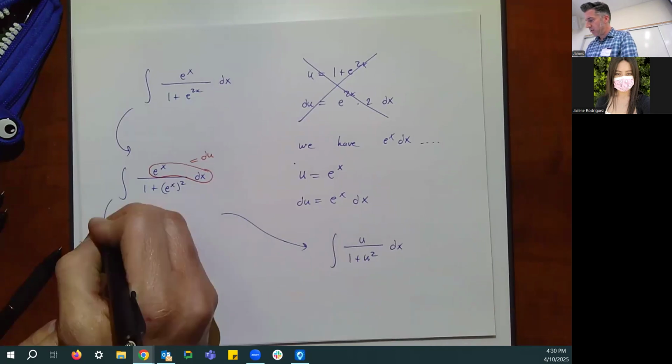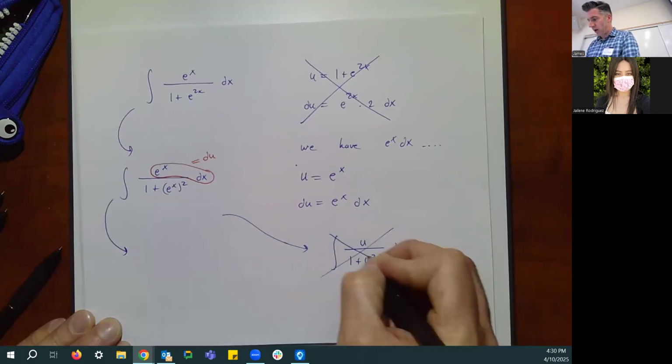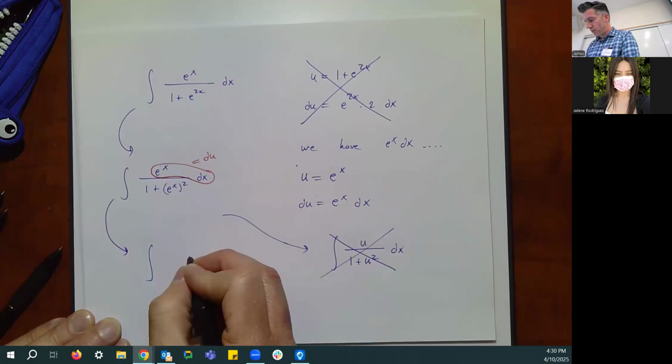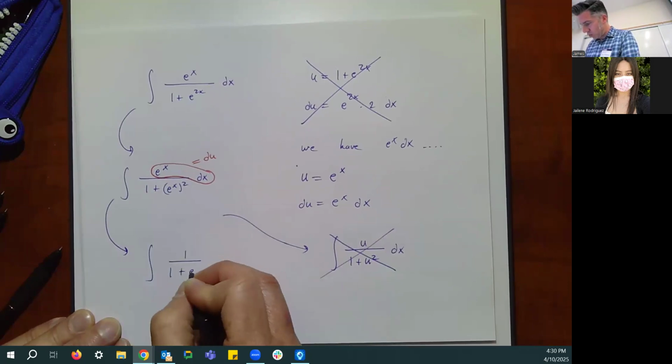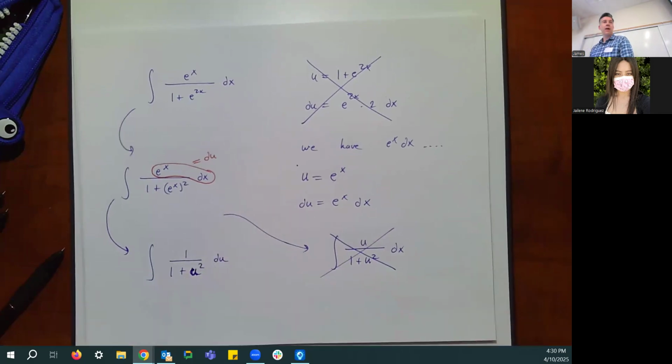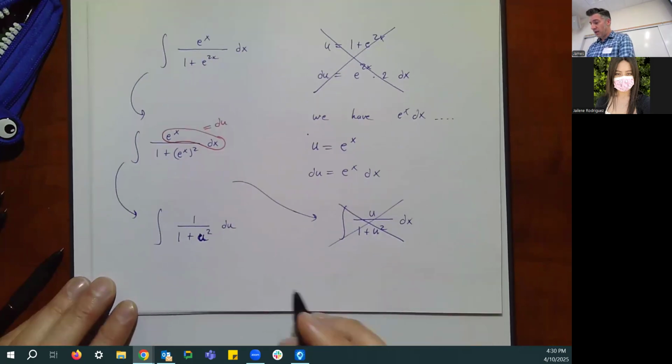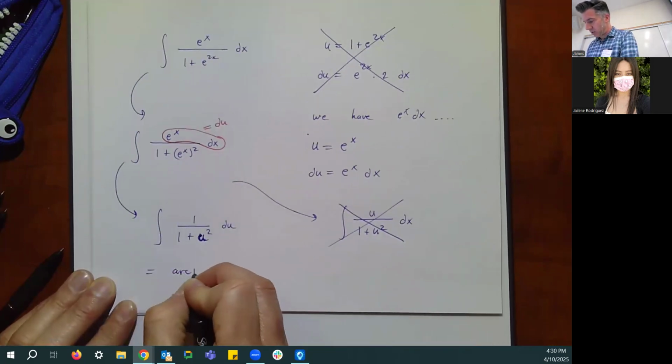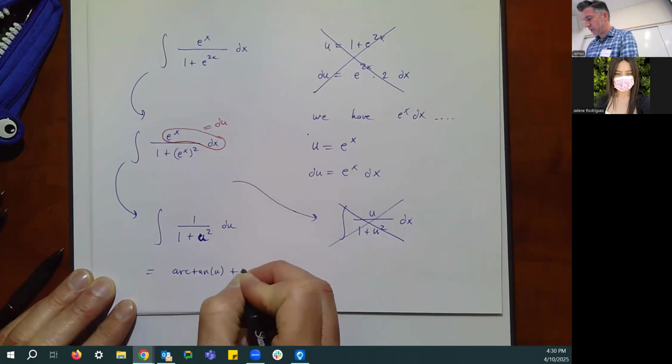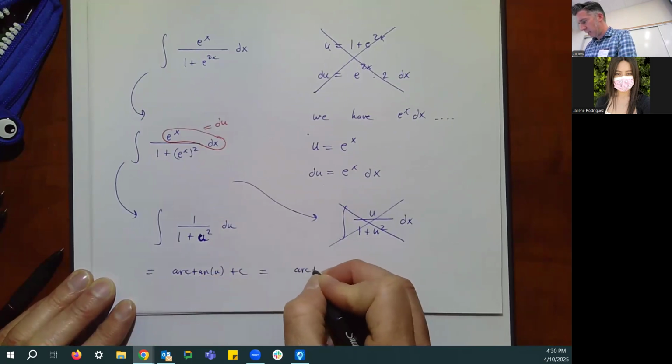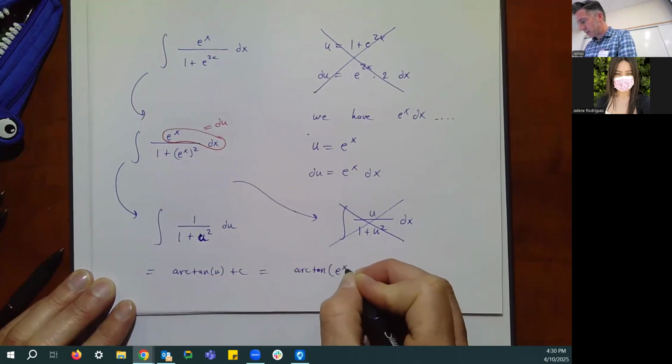Anyway, doing it this way, we get the integral of du over 1 plus u squared. Sorry, that's terrible. And then that's something we know how to anti-differentiate. That's going to be the arc tangent of u plus c, which is then the arc tangent of e to the x plus c.